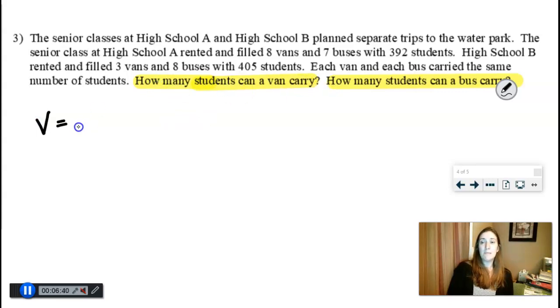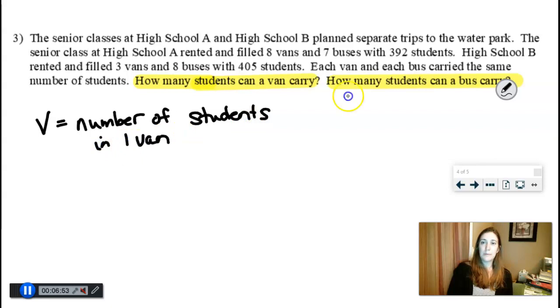So it is the number of, you can use a number symbol if you'd like, number of students in one van. And then B would be usually the other variable. That would be the number of students in one bus.